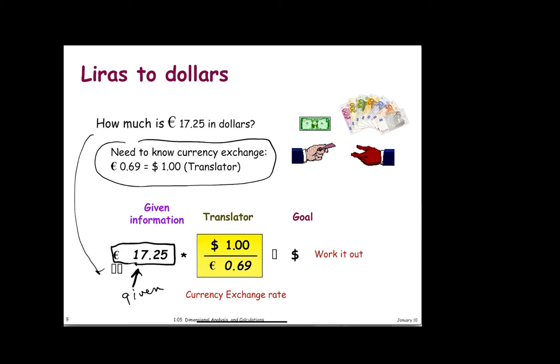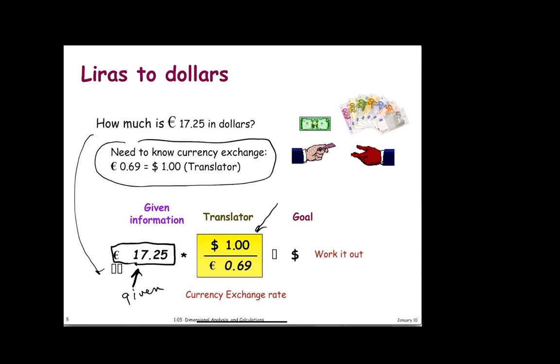Here, 0.69 euros is $1. For this particular situation, they're equal to each other. So you can put that as a ratio, because if something over something is the same, it's like multiplying any number by 1, and any number multiplied by 1 gives you that same number. An example might be 12 and 1 dozen. 1 dozen means 12. Okay, so here $1 is 0.69 euros.